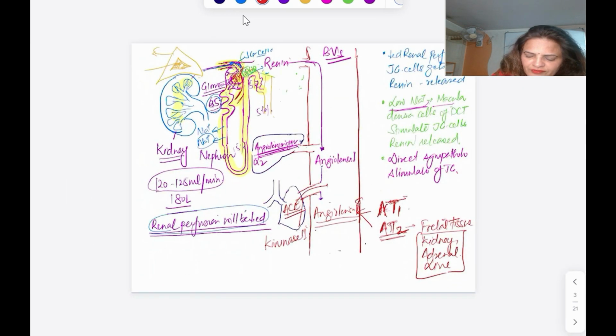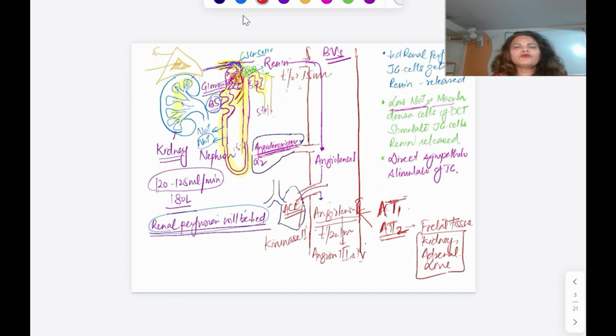Now the half-life of renin is 15 minutes, whereas the half-life of angiotensin 2 is 1 minute. Angiotensin 1 is degraded into angiotensin 2, which is degraded into angiotensin 3 and 4 by various aminopeptidases.